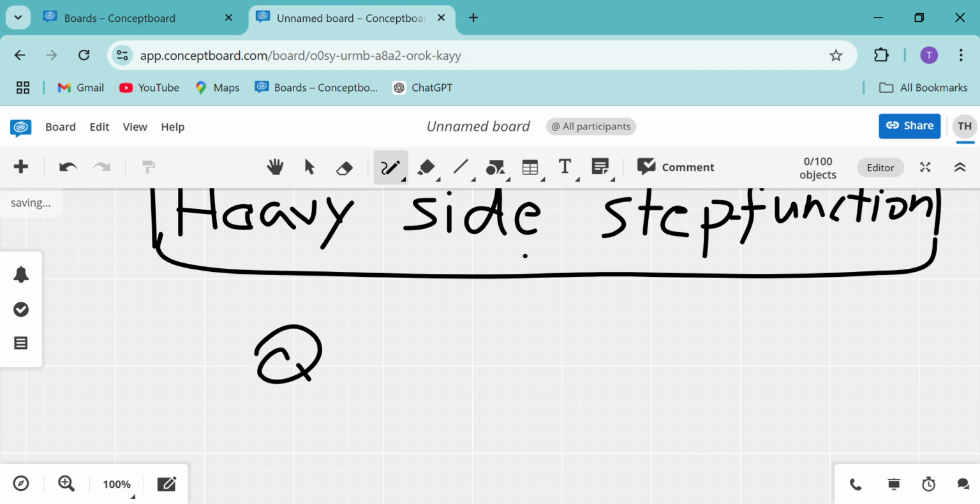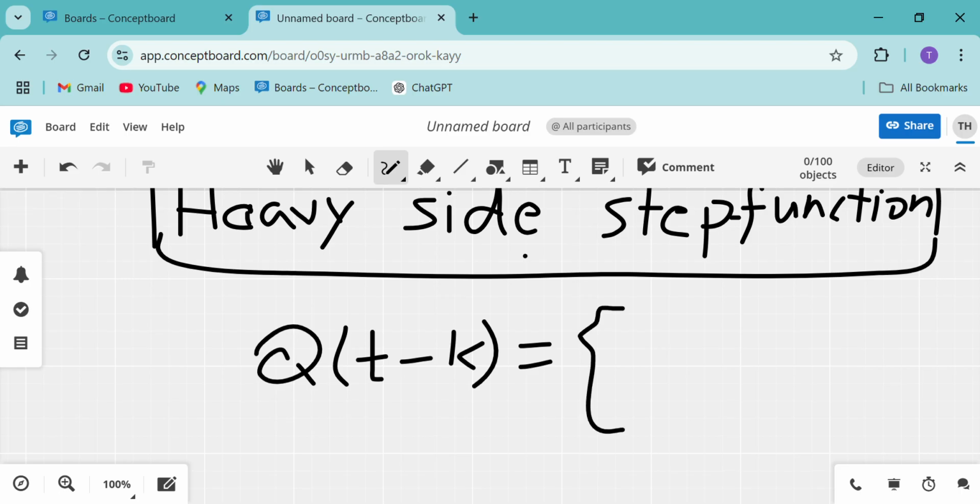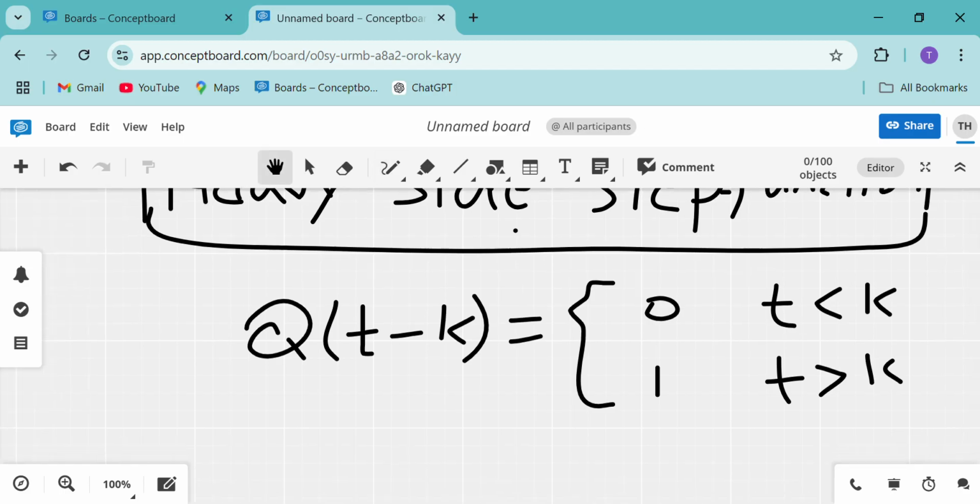The function u(t minus k) will be equal to 0 when t is less than k and 1 when t is greater than k. We will call it step function because it will change like a step.